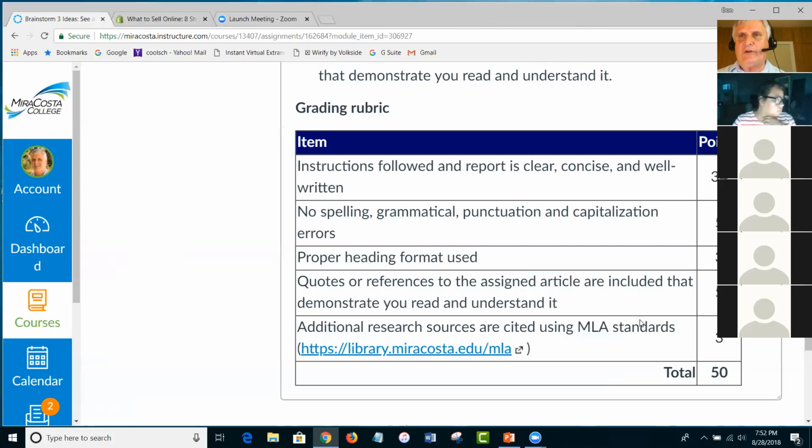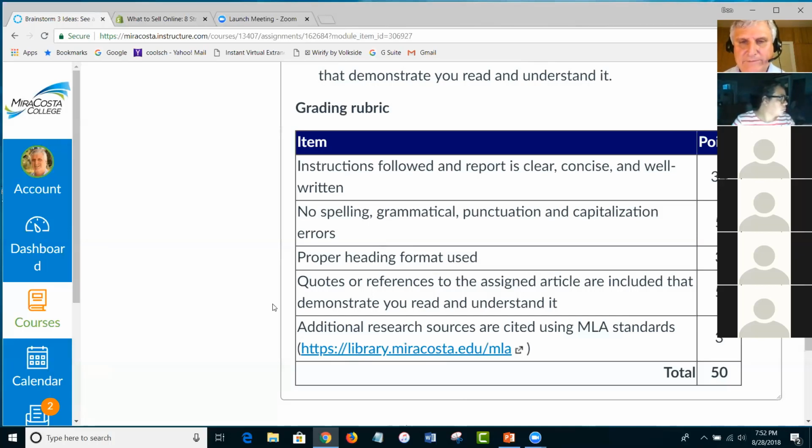So if you find another article somewhere, or you're making a reference to something else, make sure that you cite it using the MLA standards. And you say where the information came from. Yeah, and use the MLA standards to do it. And this gives you the link that shows you how to do those citations.